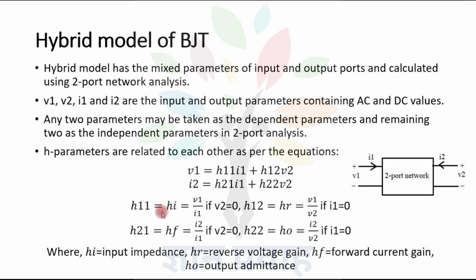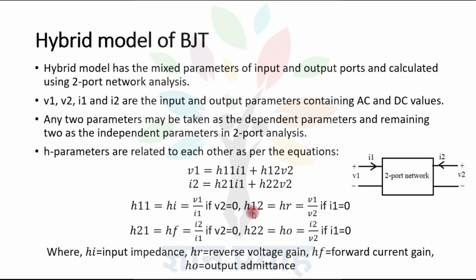From these expressions we can see H11 is V1 upon I1, which simply shows input impedance because both parameters are input parameters. V1 is input voltage, I1 is input current. So it is simply represented as HI, input impedance.